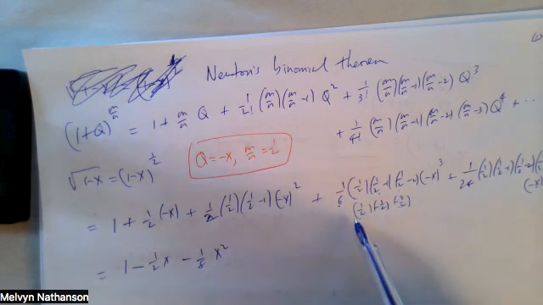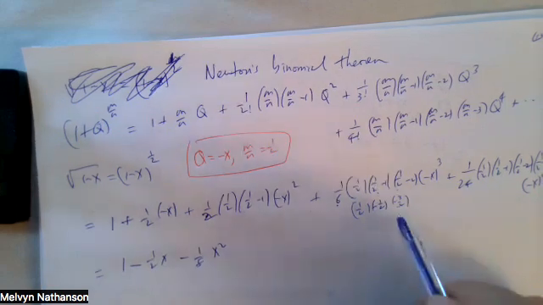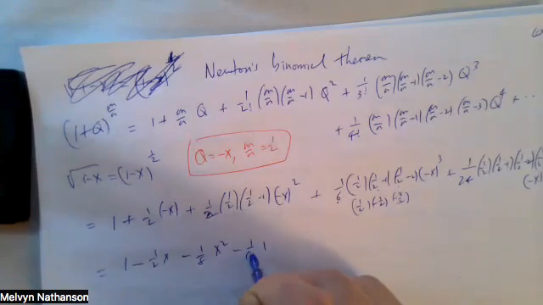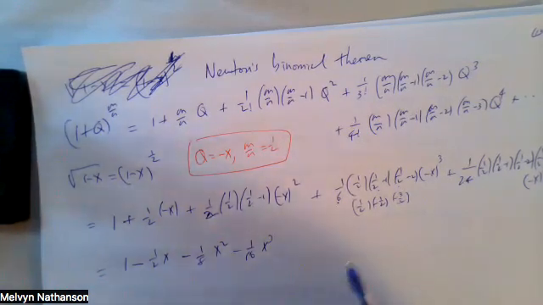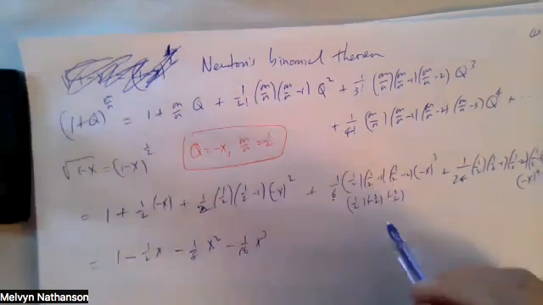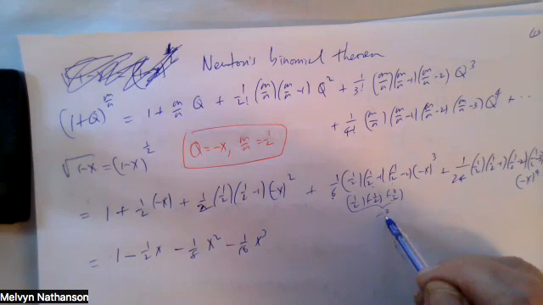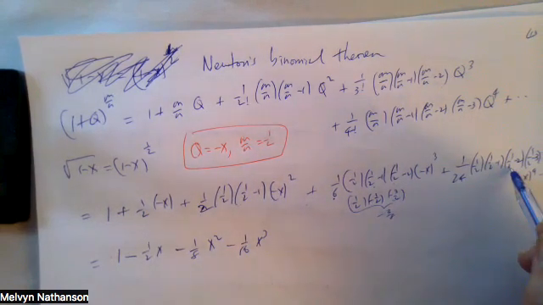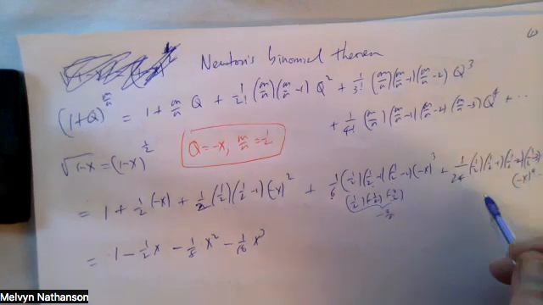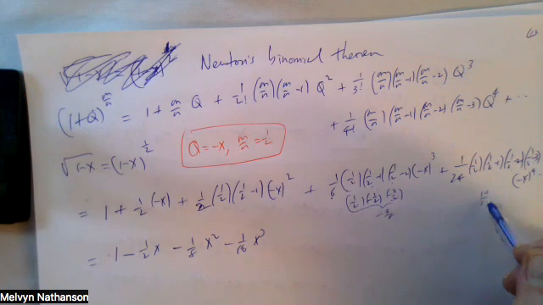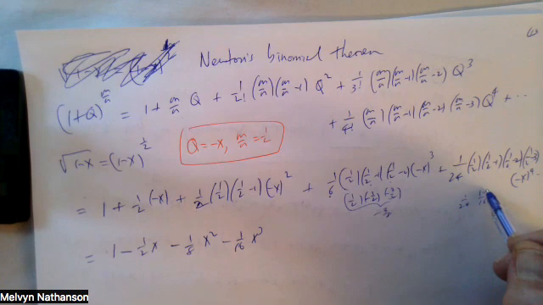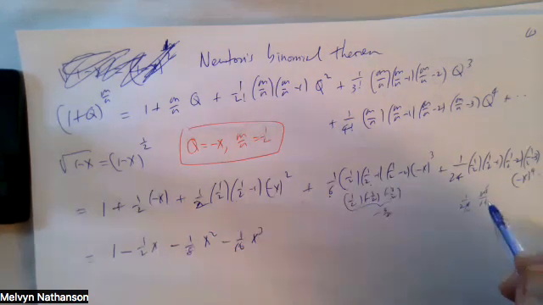So 3 over 6 is a half, so I get 1 over 16, and minus x cubed is minus x cubed, so minus 1/16 x cubed. Here I have, so this is minus 3/8. This is minus 3/8 times minus 5 halves, so this is 10 over 16, and 1 over 24 times that. So this is 5 over 12.